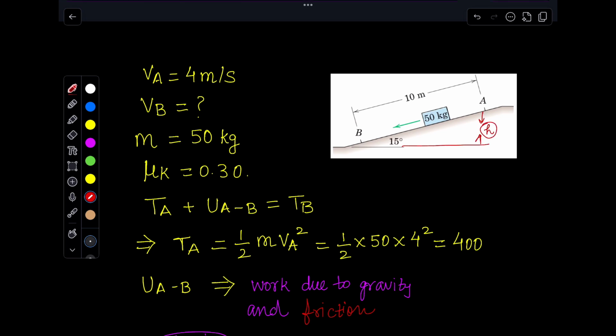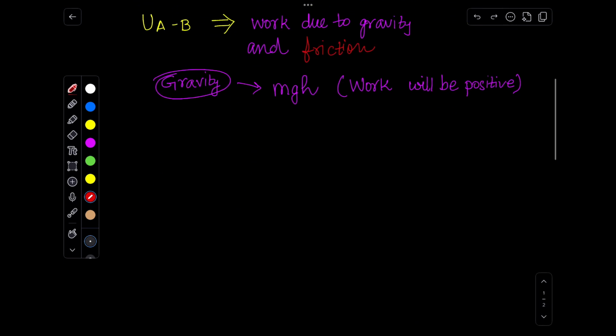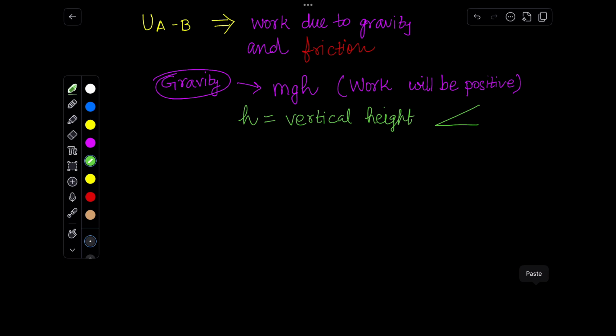Now the question is, what is h? As I have mentioned earlier, in mgh calculation we always take this h in the absolute vertical direction, as I have shown in the picture also. So you can use the sine formula and calculate the value for h.